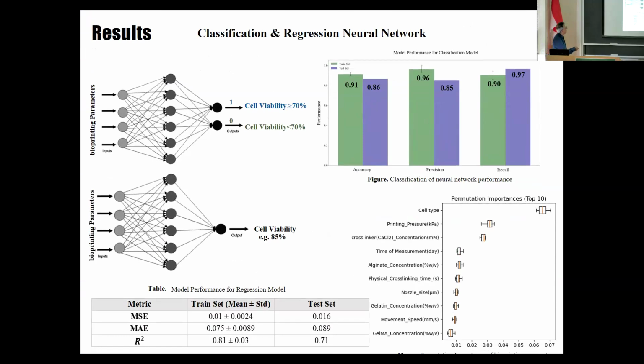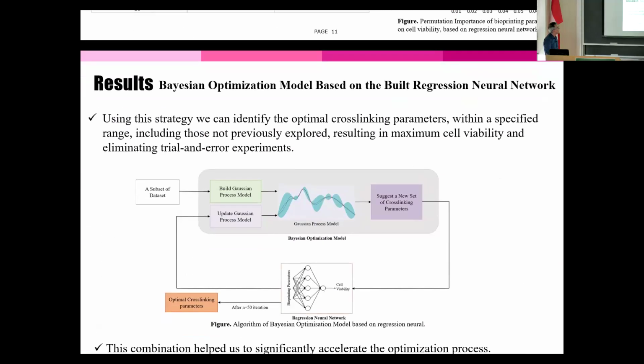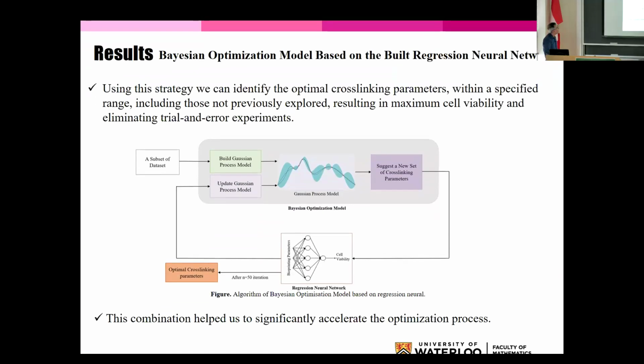For classification, we just divide into higher than 70% is good, less than 70% bad, and then there is the regression problem. For both training and test data, the models did an okay job, all close to 80% accuracy. And then we use Bayesian optimization.